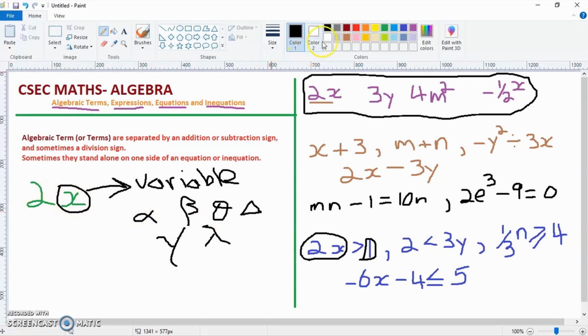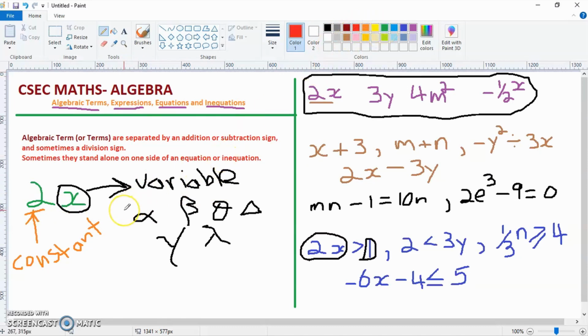And aside from the variable, you also have the constant. So you have the variable and the constant, and the names are self-explanatory, meaning that the variable can take on any value.